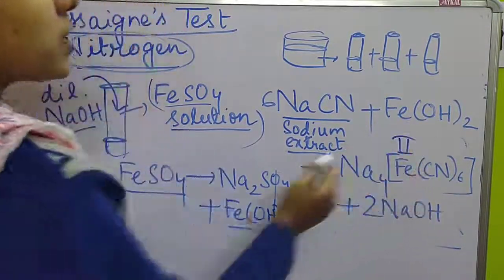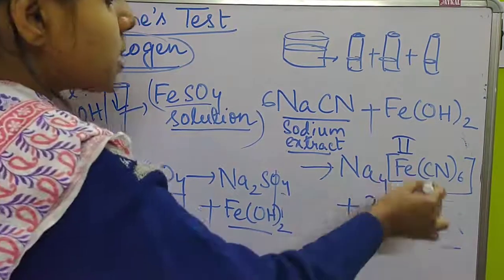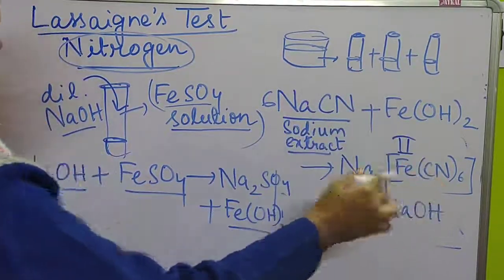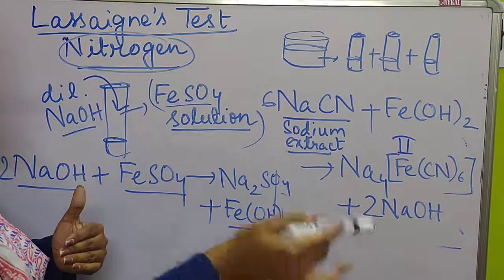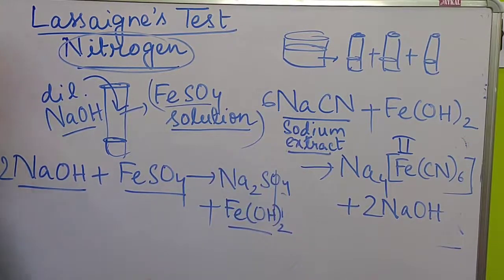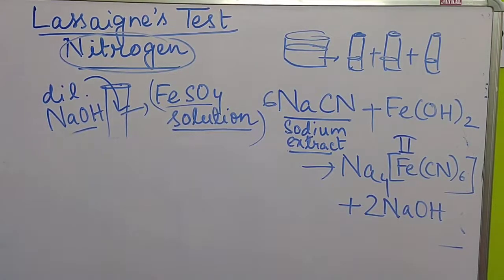So here iron is present in the +2 oxidation state. Now this mixture, after adding these 2 extracts, has to be heated in presence of concentrated H2SO4. As we know, H2SO4 is a very strong oxidizing agent, so it will oxidize the Fe2+ into Fe3+. So what will happen now?